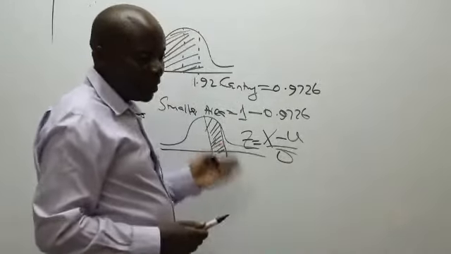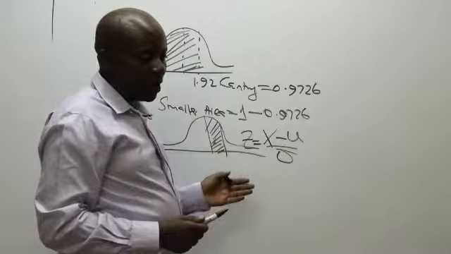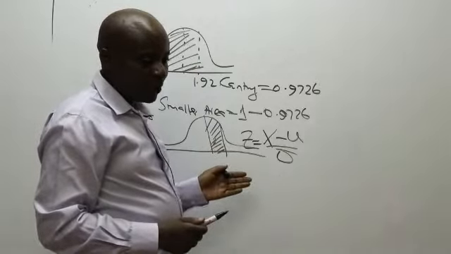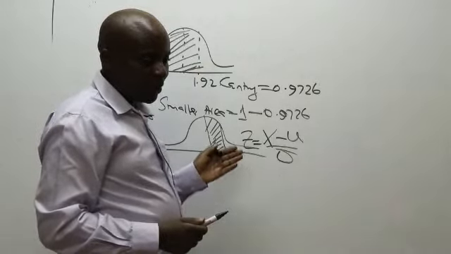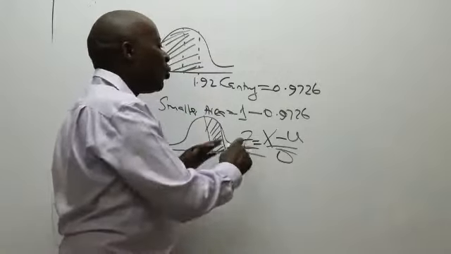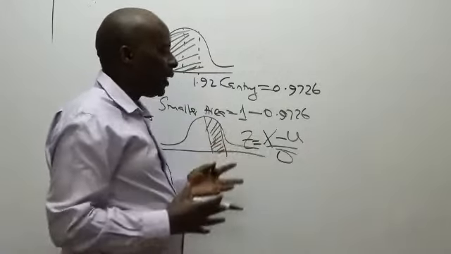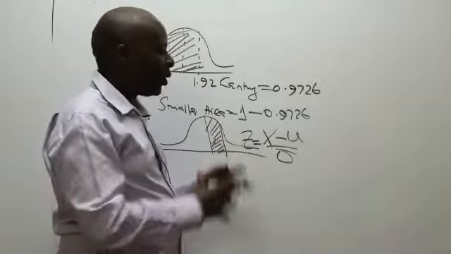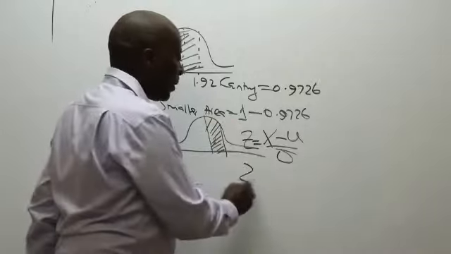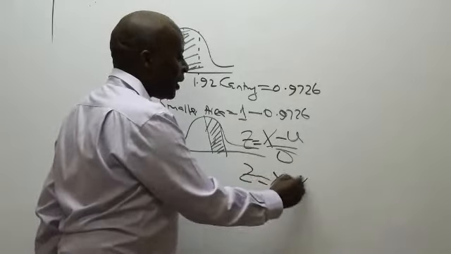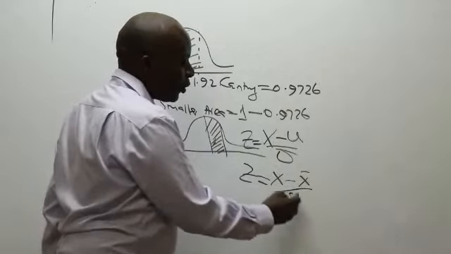But when, for example, you want a sample probability, when you're doing hypothesis testing, then you say Z equals X minus X bar divided by what we call the standard error.